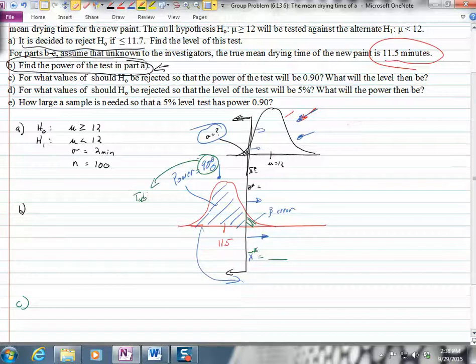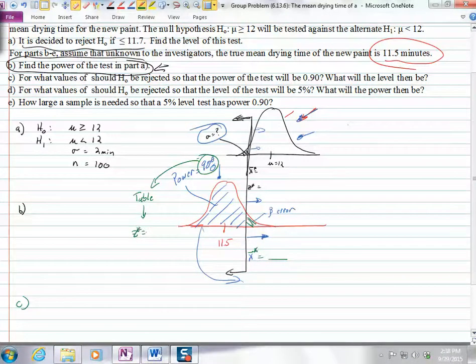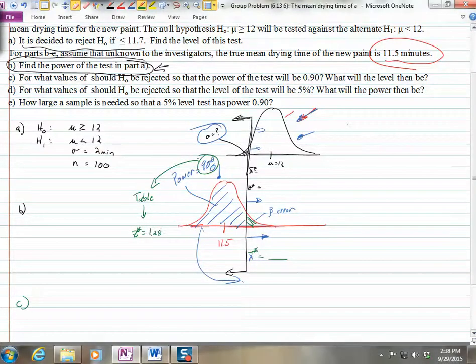You go to your standard normal distribution table, and that will give you some z value. Anybody get a z value there? One of our friends that we see a lot, 1.285. Does everyone get that? Okay, so that will be the z value associated with our cutoff value, so our z star.